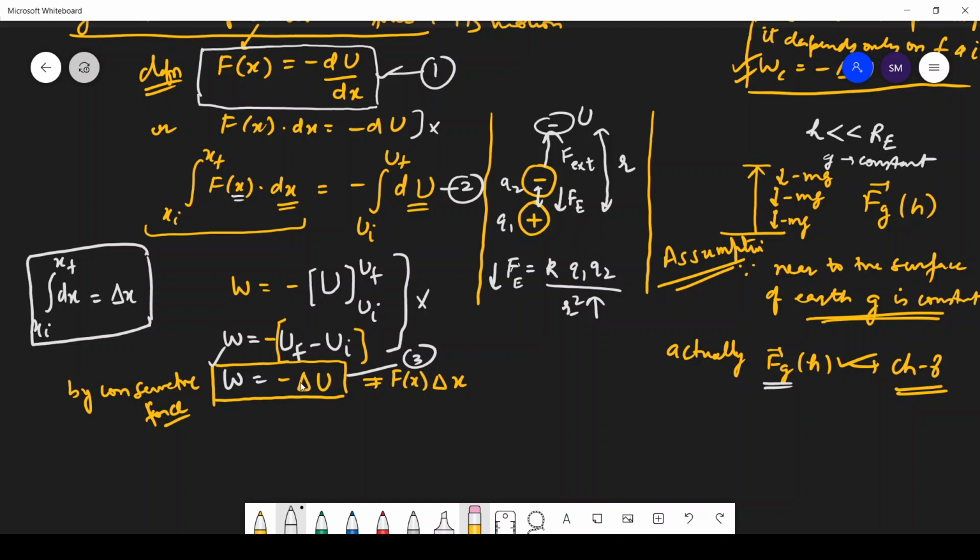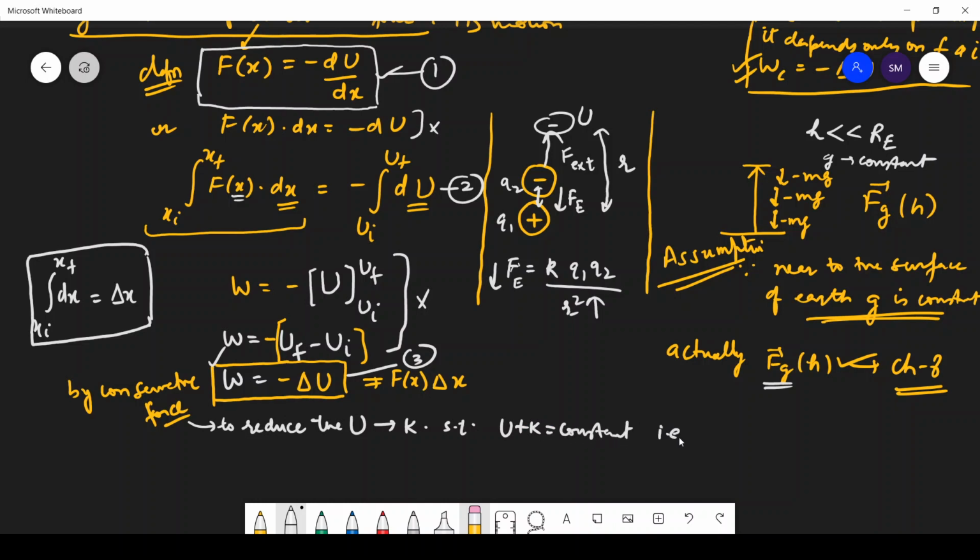So the job of the conservative force is to reduce. When you leave the external force, conservative force will act to reduce the potential energy, and the potential energy will change into kinetic energy such that the sum of potential energy and kinetic energy will be constant.